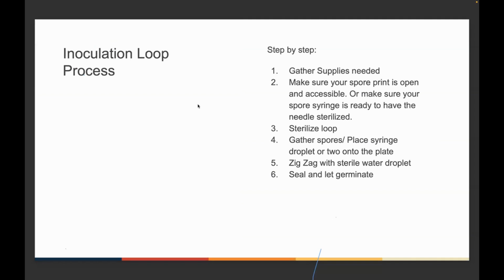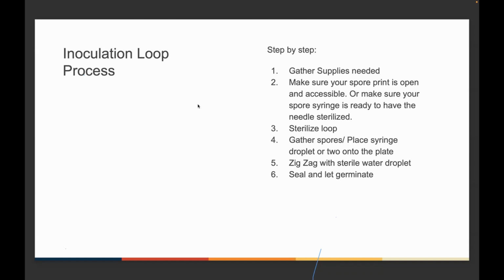If you don't have a dedicated space, yes, inoculation loops can be super useful because you can keep your spore prints kind of like tidy and closed up, and then just grab a little bit of spores on the tip of it, and then zigzag them around a plate. You can also use it to spread fluids around if you're testing like spore syringes or whatever your vehicle of spore is, outside of like obviously a swab.